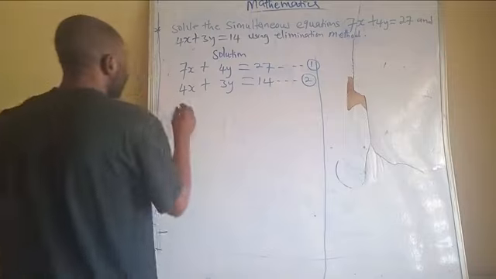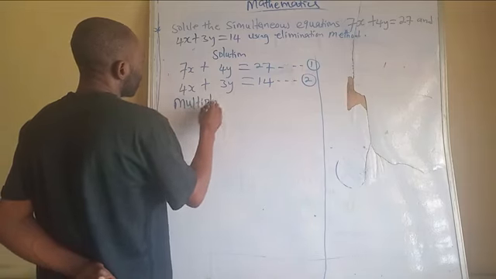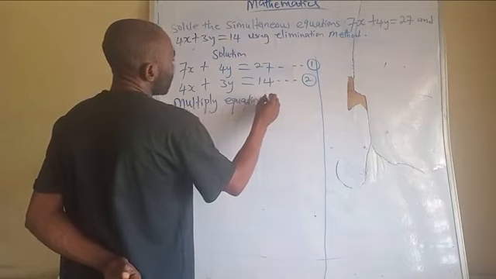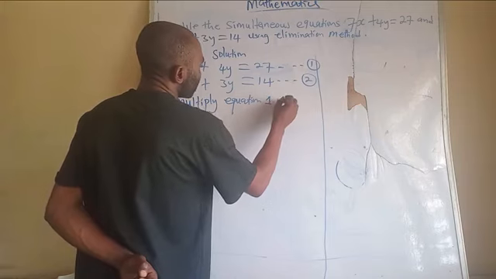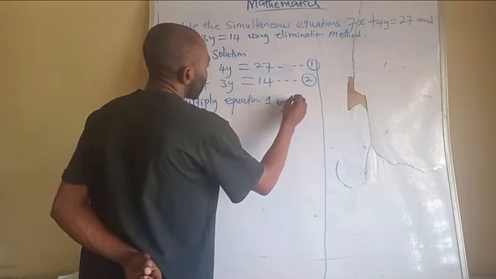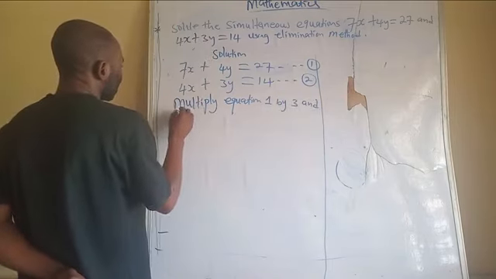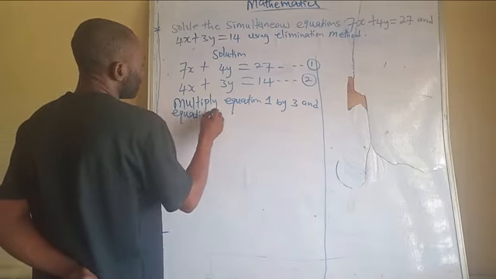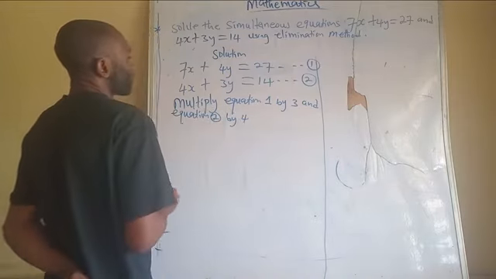So multiply equation 1 by 3 and equation 2 by 4.